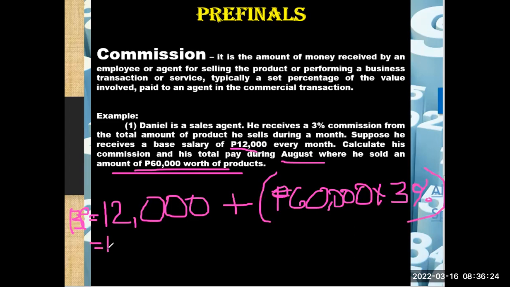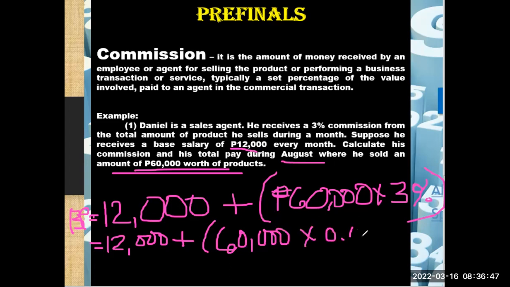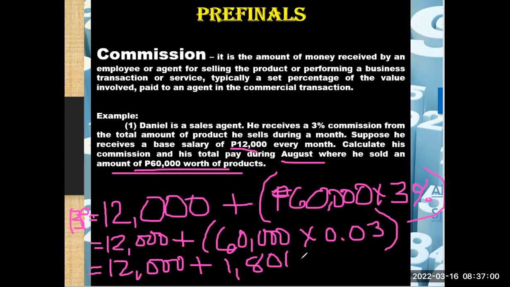So equals 12,000 plus, okay, let's multiply 60,000 times 0.03, ang 3% in decimal, and this is 12,000 plus 1,800.